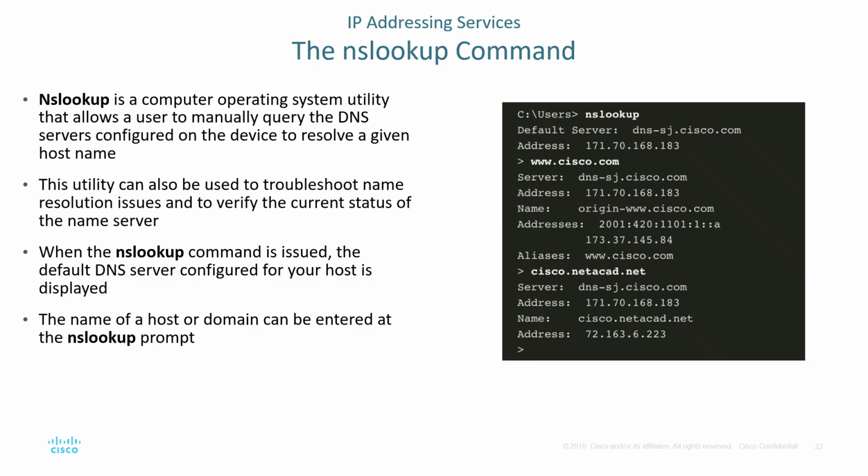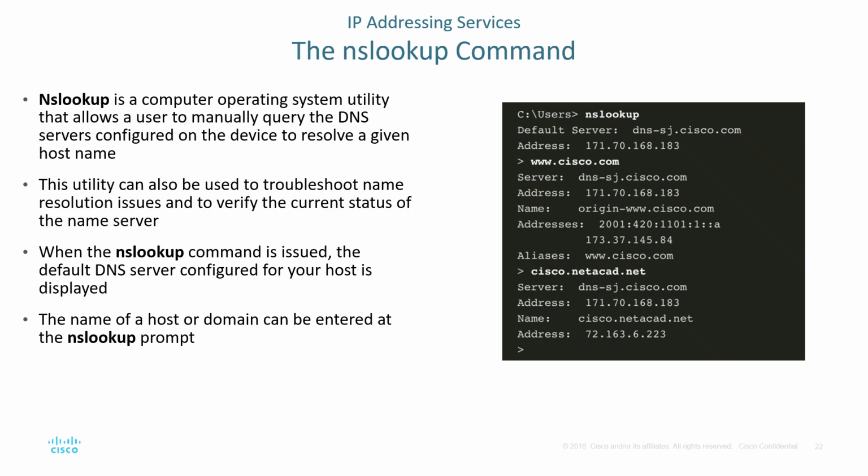So here I did nslookup on my PC, and I get my default server, which is sj.cisco.com. So Cisco resides in San Jose, just in case you didn't know. And the address for that is 171.70.168.183. www.cisco.com is the same. The origin is www.cisco.com, and these are the addresses within.